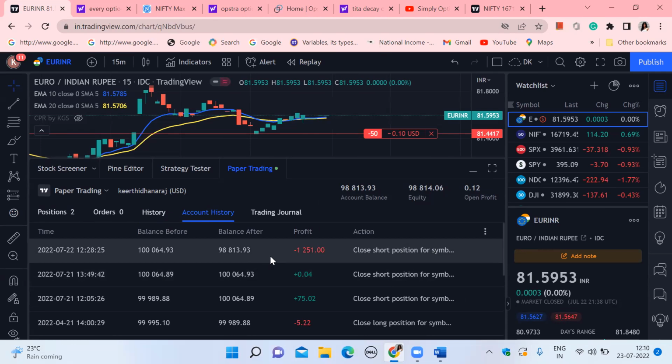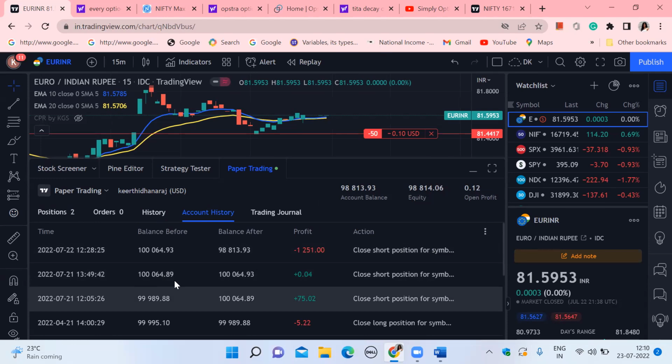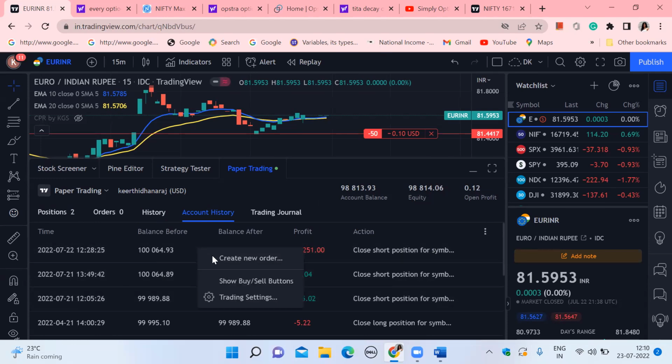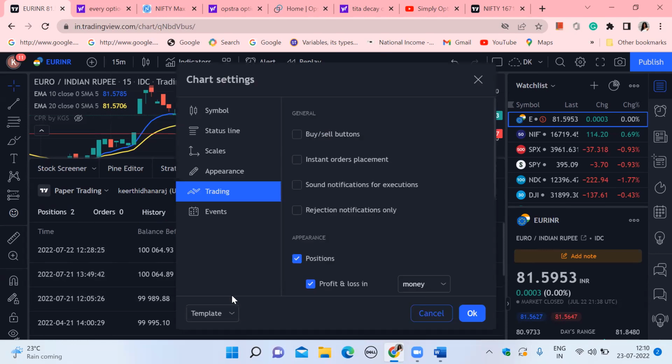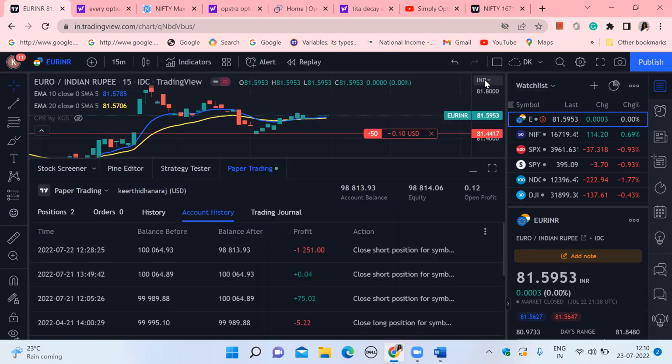So this was crude oil. No, this is not crude oil. I might have a screenshot.